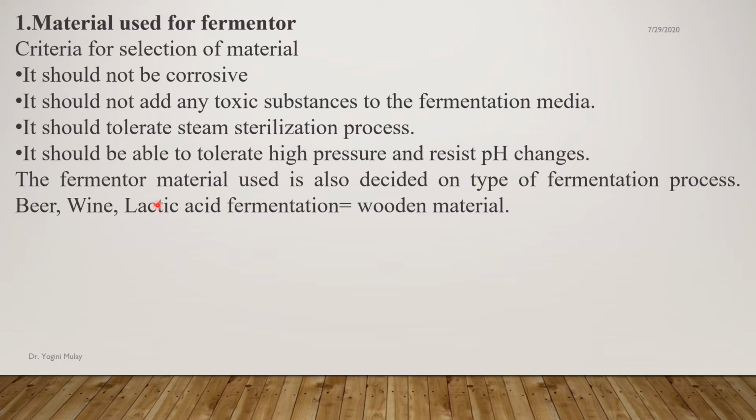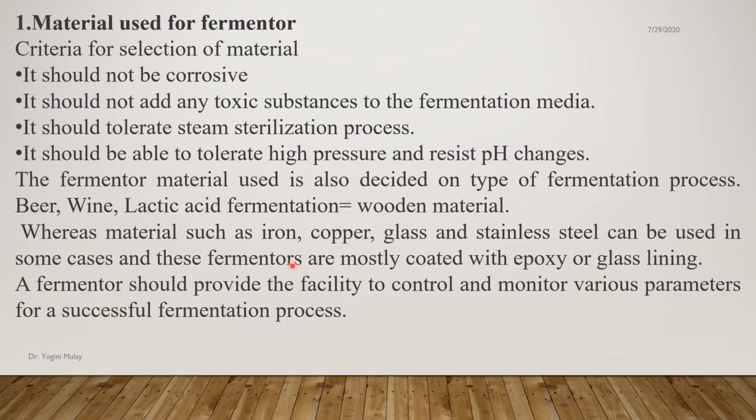Now, the material which is used for the construction of the fermenter is decided on the type of fermentation process. For example, whenever we carry out beer, wine or lactic acid fermentation, wooden material is preferred.